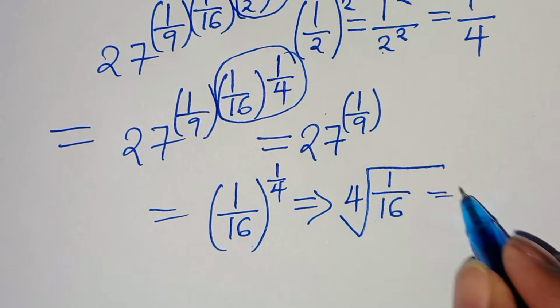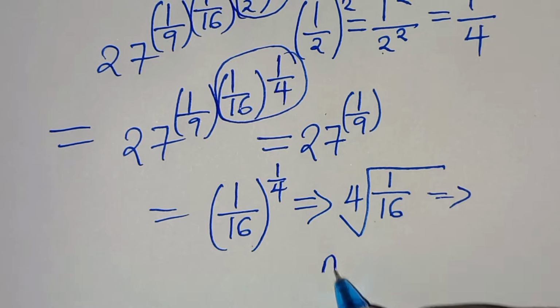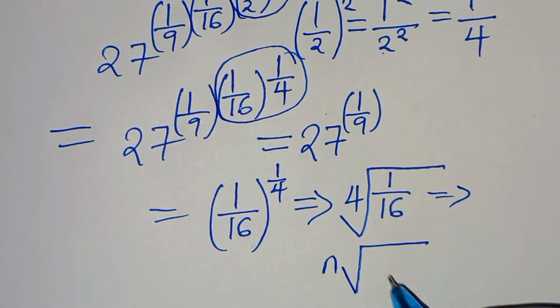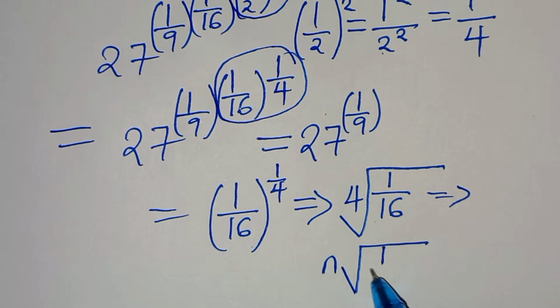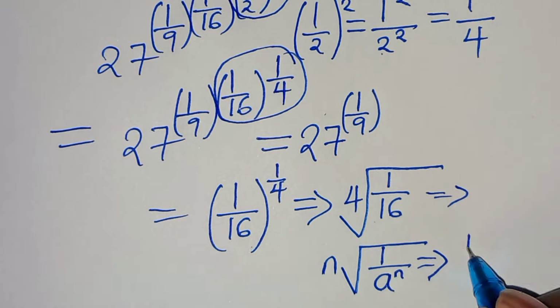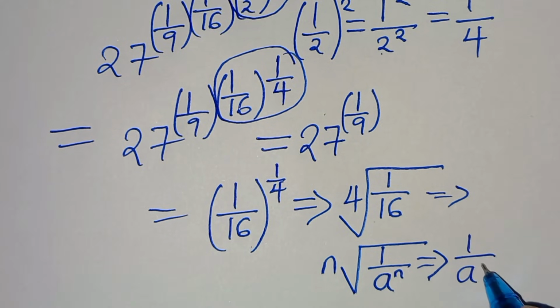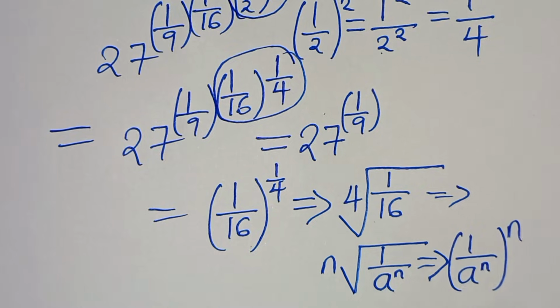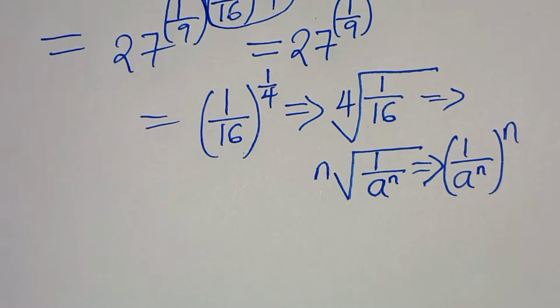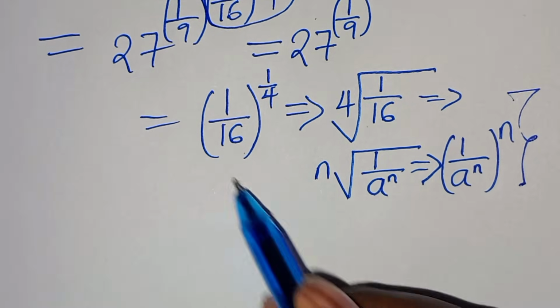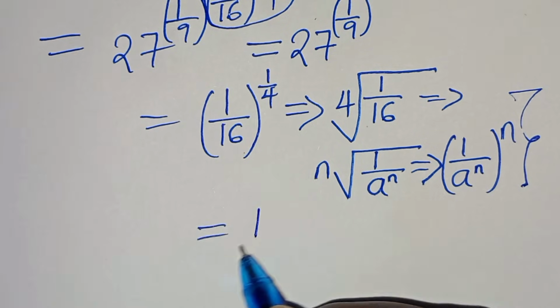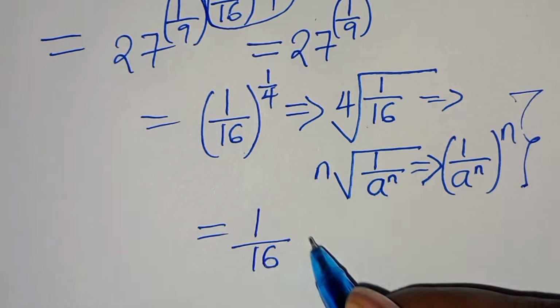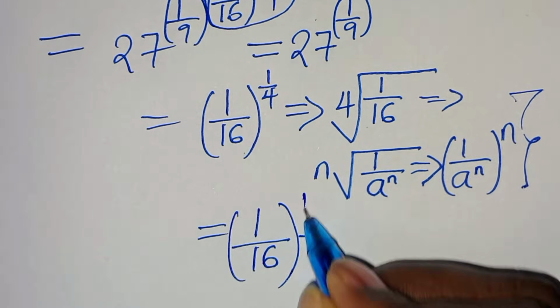Now remember, this is in the form of the nth root of 1 over a to the power of n, which can be expressed as 1 over a to the power of n, everything here raised to the power of n. So let's apply this property so that now here we have 1 over 16 raised to the power of 1 over 4.